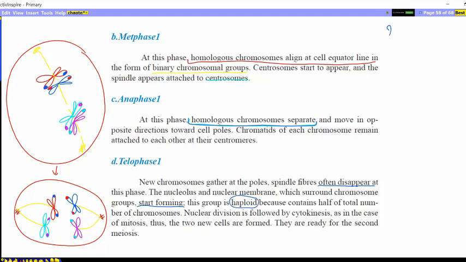Haploid, by 2n and n. If it is n, we call it haploid. Haploid means there is only one chromosome from the pair of homologous chromosomes.